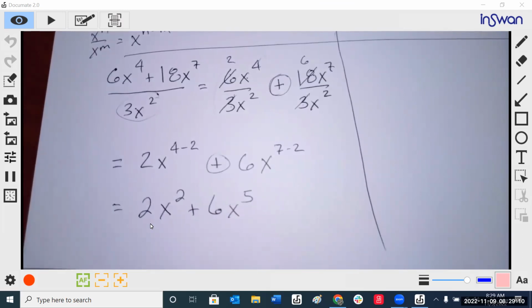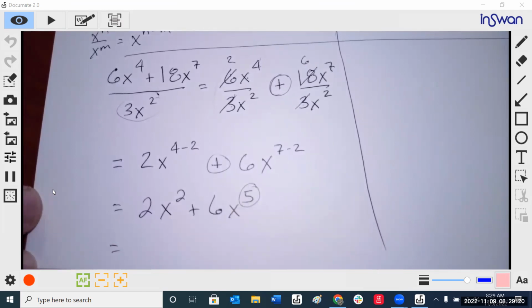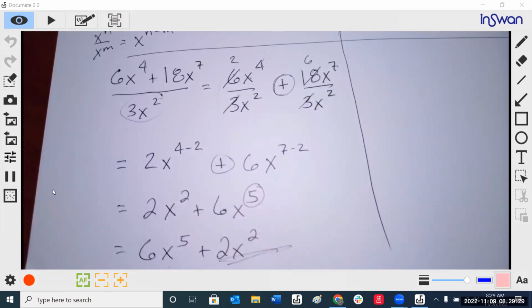You're not really finished yet. The reason being is whenever you have polynomials, you always rewrite them so the largest exponent goes first. So it's going to be 6x to the 5th plus 2x squared. There's your final answer.